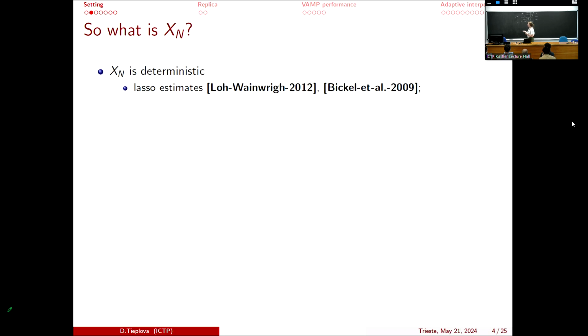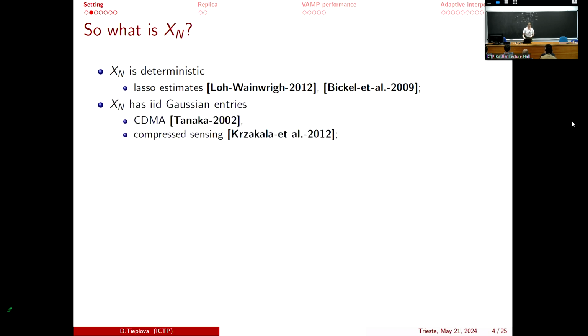It was proved that if the eigenvalues of this matrix Xn possess some specific properties, then we will have good estimates and so on. But after, of course, people said, okay, the deterministic matrix is good, but in the real world there are not that many problems that we can model with something deterministic, right? So the next step was, okay, let us now assume that our design matrix is IID Gaussian.